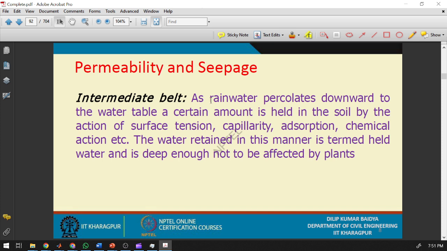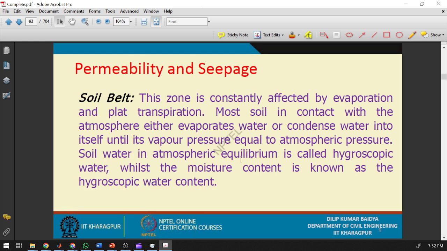Then the intermediate belt: as rainwater percolates down, a certain amount is held in the soil by the action of suction tension, capillary adsorption, chemical action. This is retained in this manner and is termed held water, deep enough not to be affected by plants. It is just above or along this capillary fringe. Then there is a soil belt zone constantly affected by evaporation. As you know, in the water cycle there is always evaporation, condensation, rainfall, transpiration.